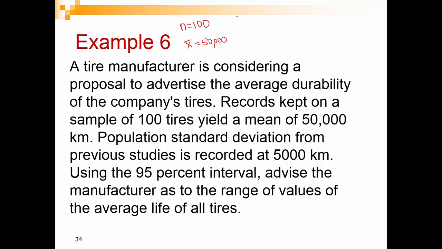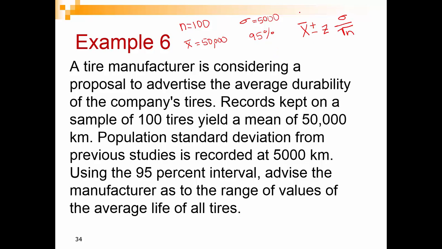Population standard deviation from previous studies is 5,000, so that's our sigma. They tell us we should have a 95% confidence level, and we want to advise the manufacturer as to the range of values for the average life of all tires. So we're going to construct a 95% interval.